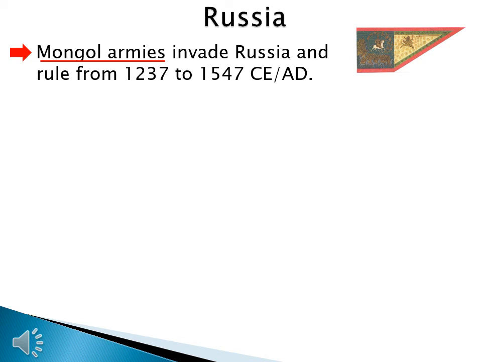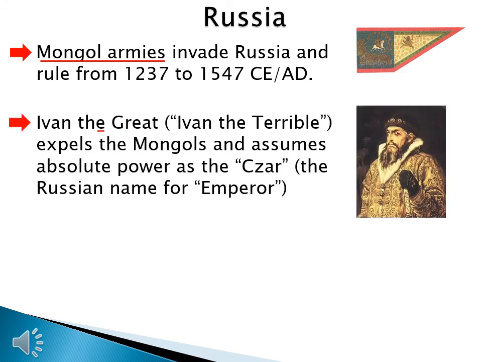Someone else is going to come along, and that someone is Ivan the Great, or Ivan the Terrible. He expels the Mongols and assumes absolute power as the Tsar, which is the Russian name for emperor. Ivan the Great will establish a new Rome in Russia.